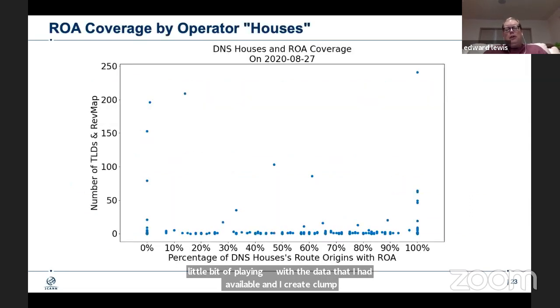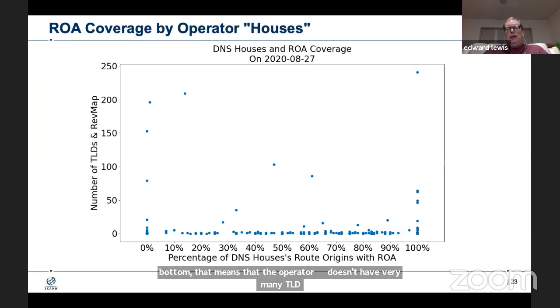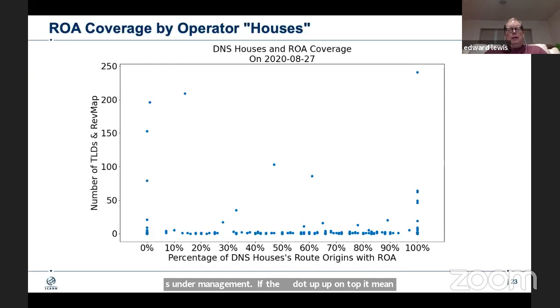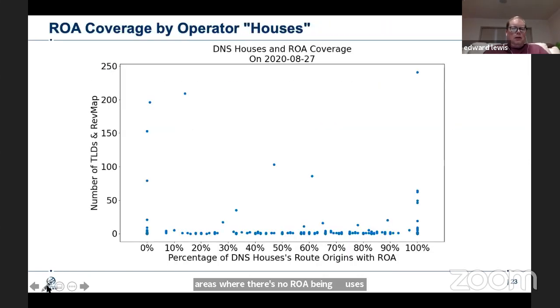And I came up with this chart here. This chart shows if the dot is at the bottom, that means that the operator doesn't have very many TLDs under management. If the dot's way up on top, that means they have a lot. So big players are way up on top, little players on the bottom. On the left side of this diagram, these are the areas where there's no ROA being used. There's no ROA being used here.